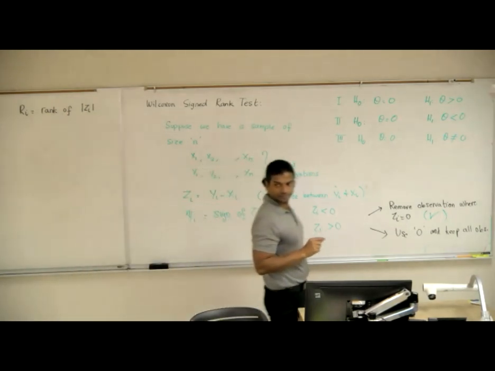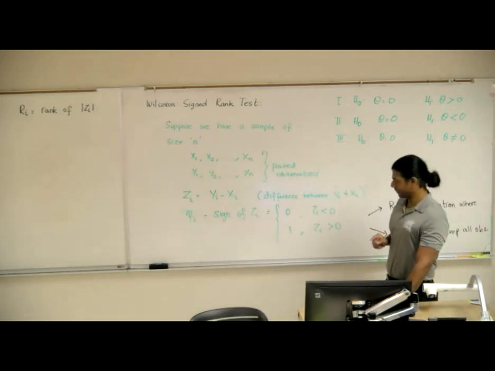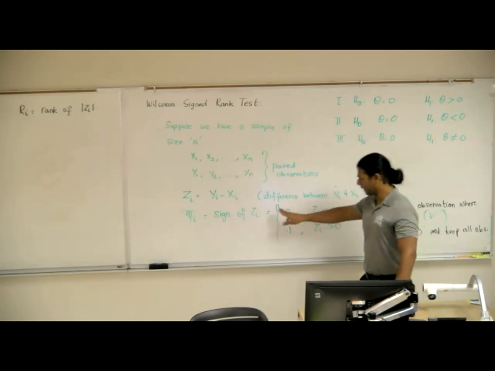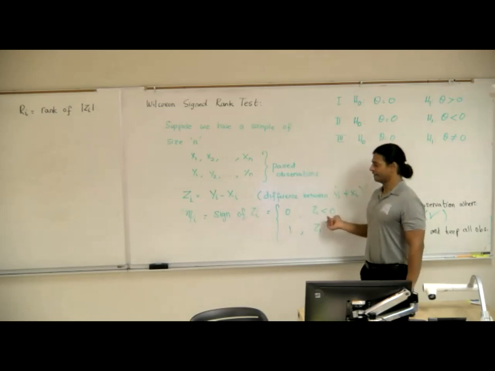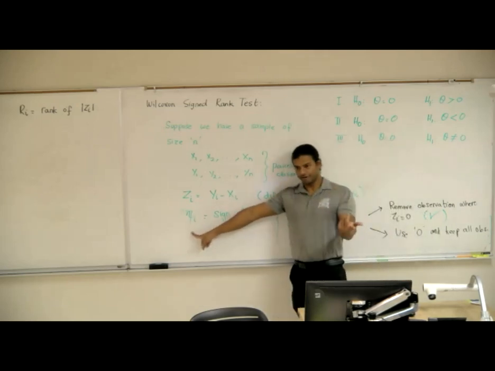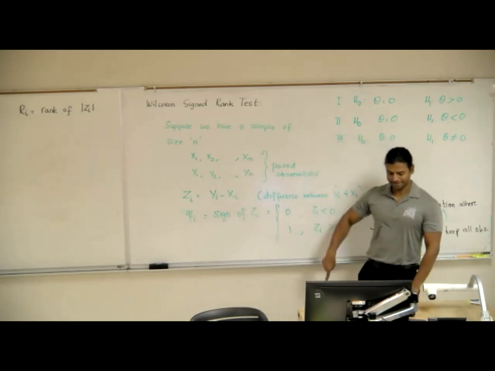I'm telling you that if the sign of Zi is negative, then you make Psi i 0. If the sign of Zi is positive, you make Psi i 1.